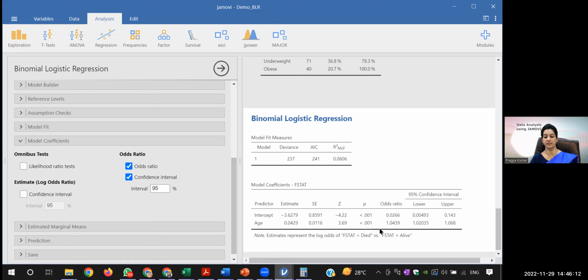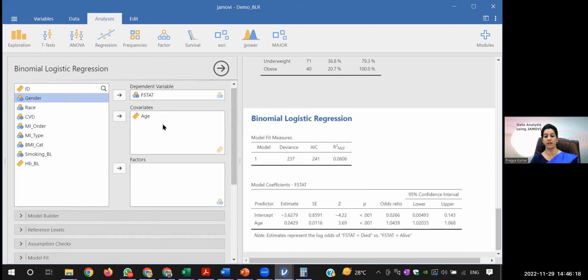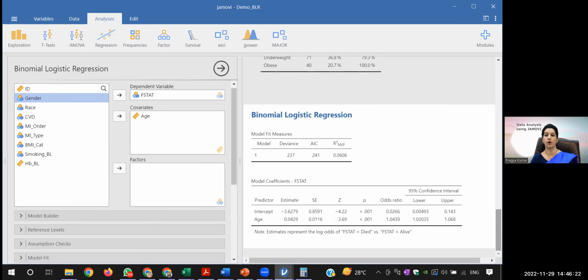So this odds ratio and its significance with only one variable, is this an unadjusted odds or adjusted odds? All of you please write in the chat box. Priya, Anjana, Shruti, Anju.